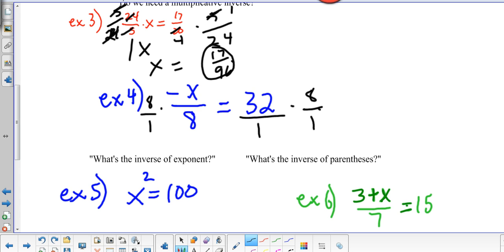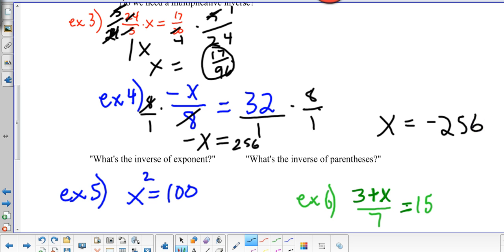Again, the pen does not like me. I apologize. So this leaves me with negative x over here, and this is 256. So negative x equals 256. Property of opposites says that x equals the opposite of that, negative 256.